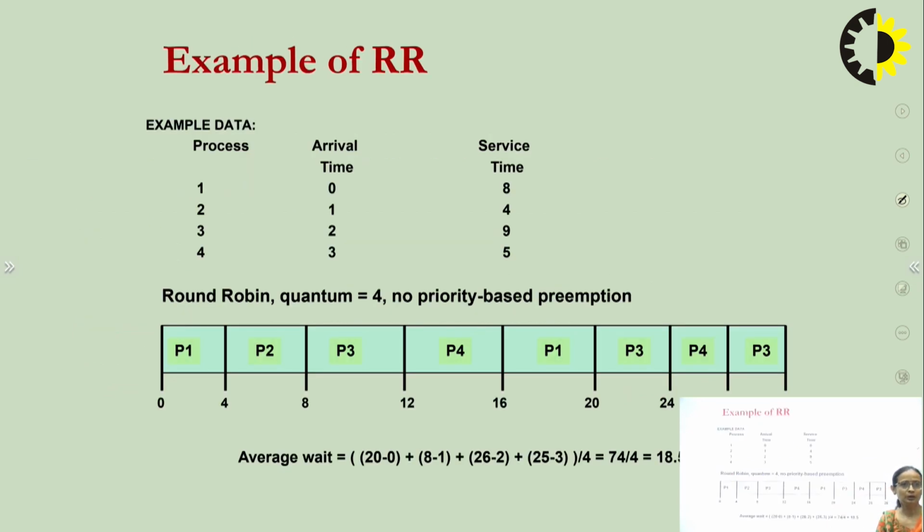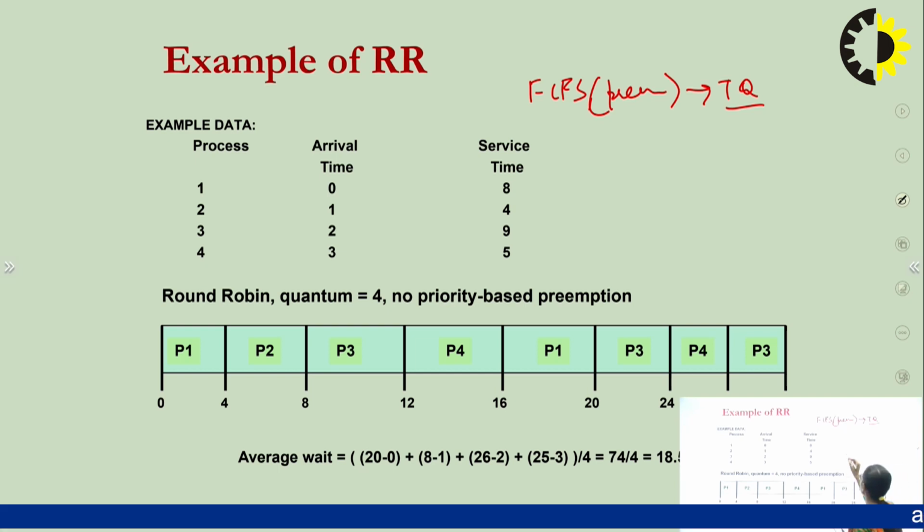So how does round robin work? We are saying round robin is basically FCFS, but preemption is there. And what is the policy of the preemption? Every process is allocated a certain time quantum value. When that time quantum expires, the process needs to leave the processor, and the next process is picked up from the ready queue.